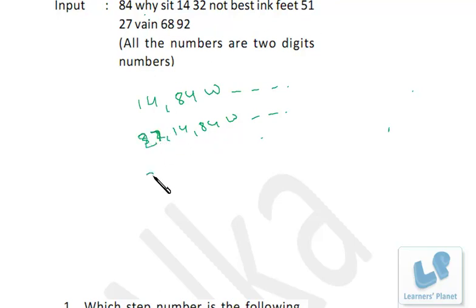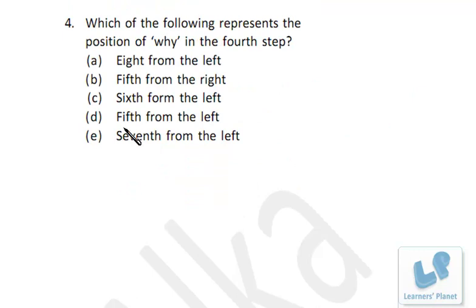Then it will be 32. This is the third step. Then we have 51, so 51 over here. So this is the fourth step. So the position of Y is first, second, third, 4, 5, 6 from the left. Okay, so let's mark the answer. That is 6 from the left.